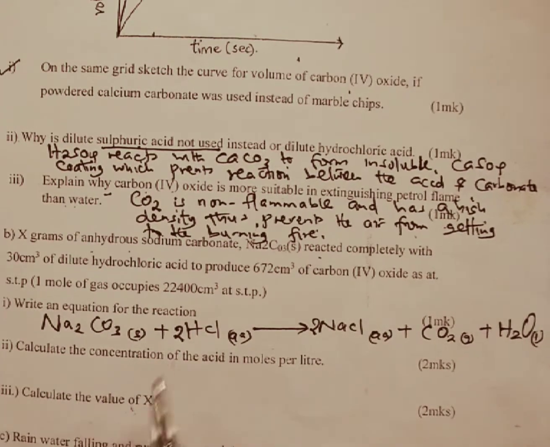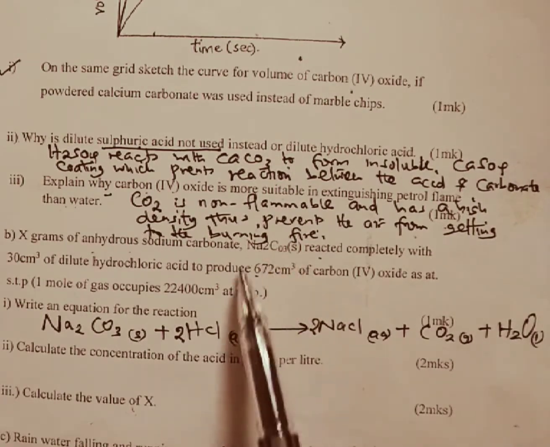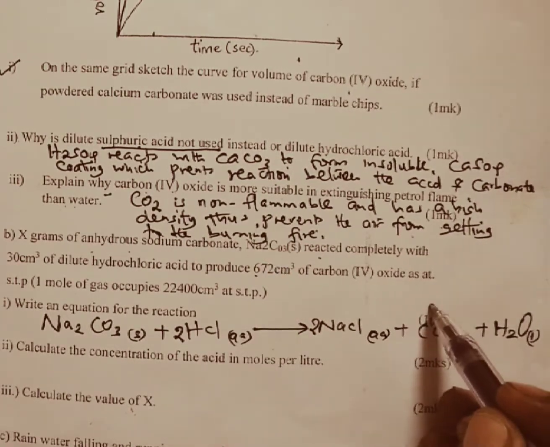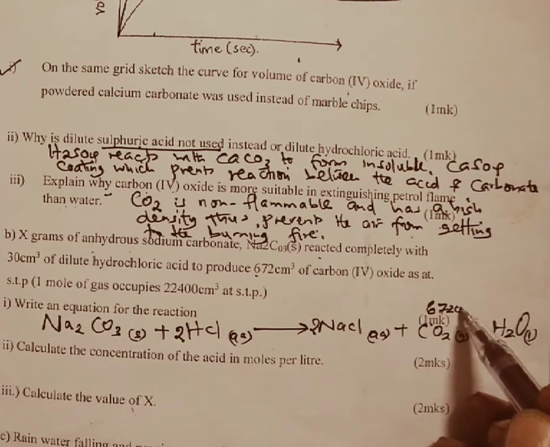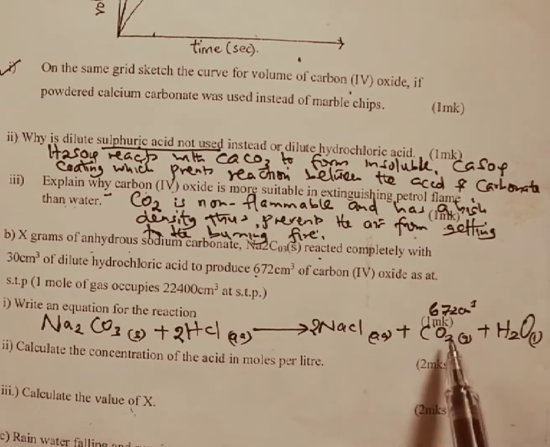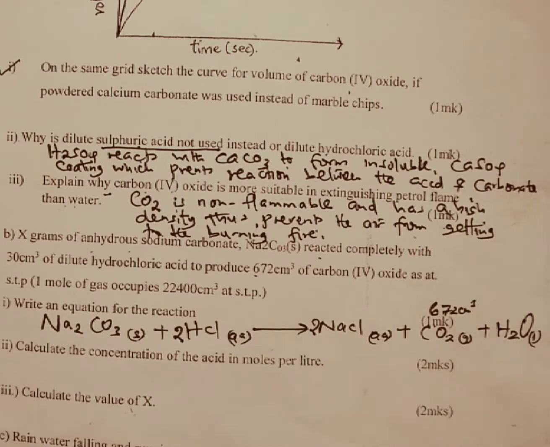Since we know the volume of carbon 4 oxide produced, the volume of carbon 4 oxide was 672 centimeter cubic. We can get the moles of carbon 4 oxide and use it to get the moles of the acid.